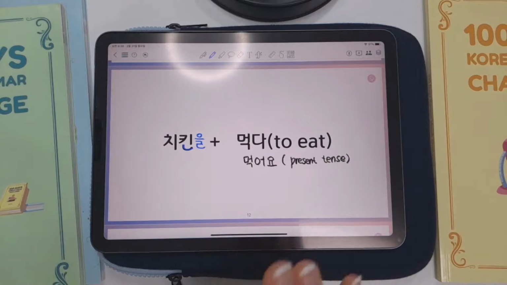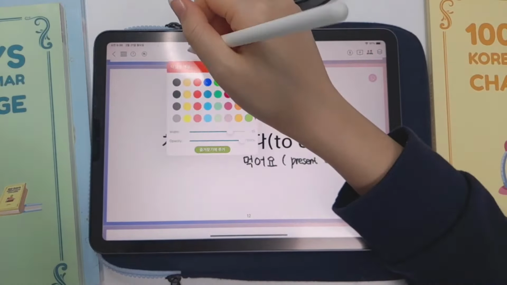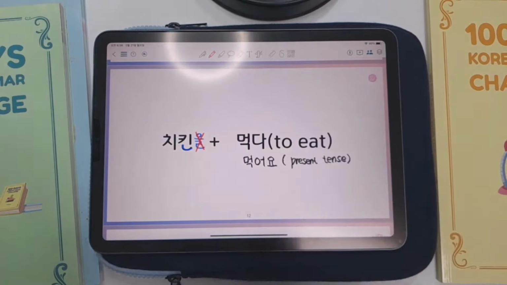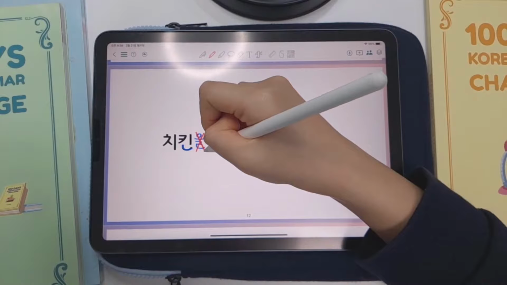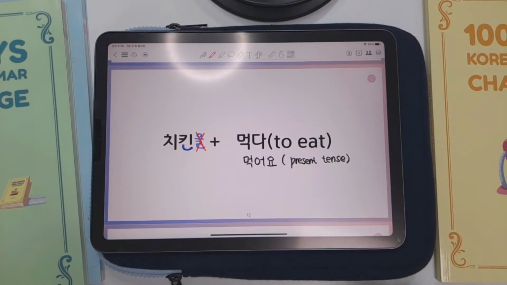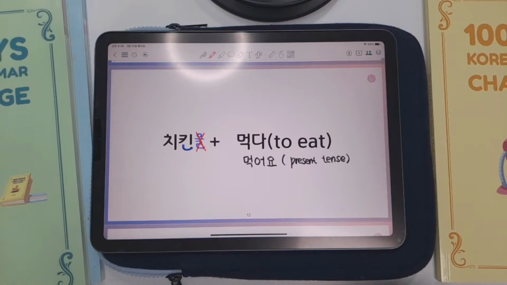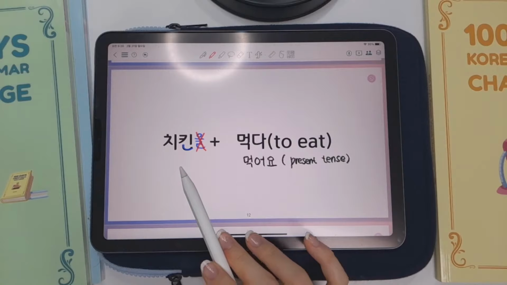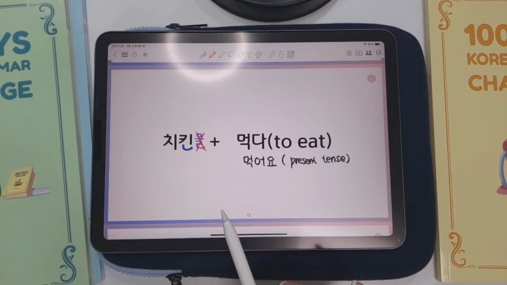And what about in daily conversation? In your casual conversation, you can skip this object particle like 치킨 먹어요. So if I ask you, 지금 뭐 먹어요? What are you eating right now? Then you can answer, 치킨 먹어요. 레오나르도 씨, 루지 씨, 맞아요.